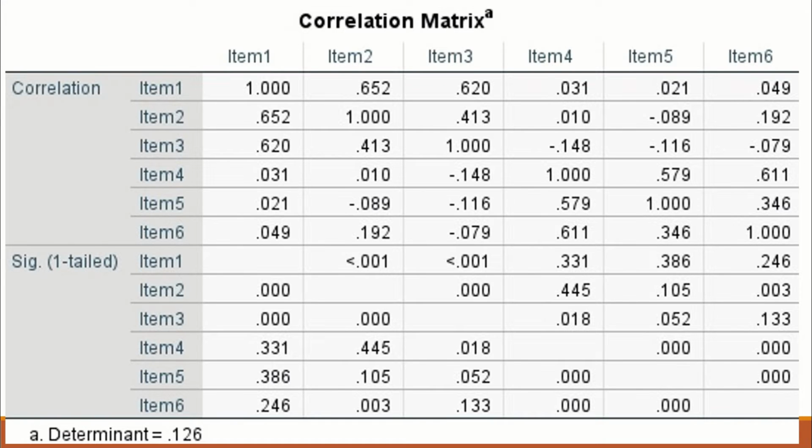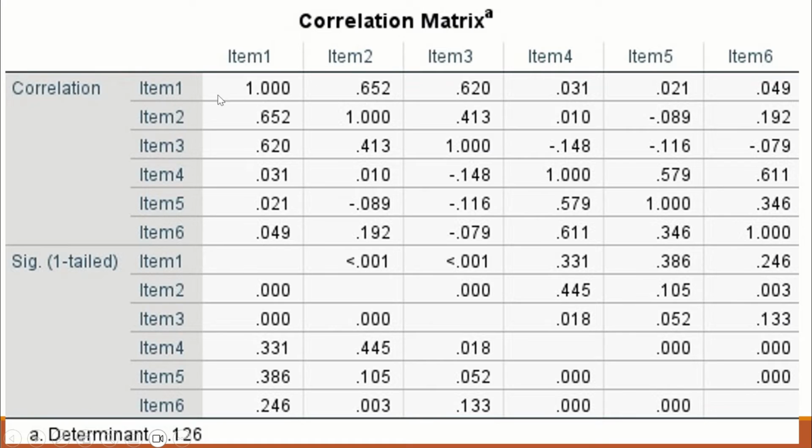So here is an output for the correlation matrix performed using EFA on 6 items, item number 1 to item number 6. The top section is the pairwise correlation between items, and the bottom section is the significance level, and at the end here is the determinant.